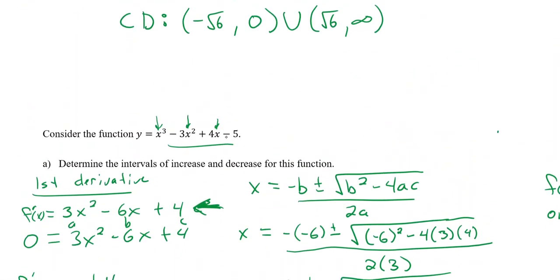If you remember, our Y-intercept is where the constant number is on the end. So negative 5 would be our Y-intercept. That kind of makes sense. That would be maybe down here somewhere. So that's going to be 0, comma, negative 5.